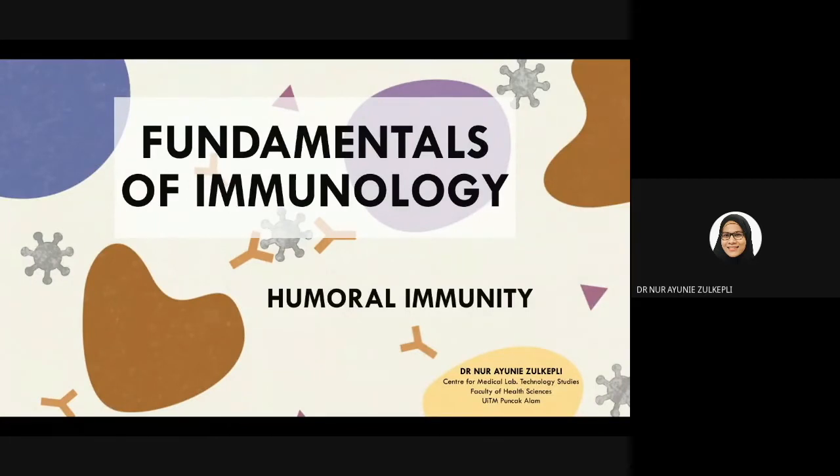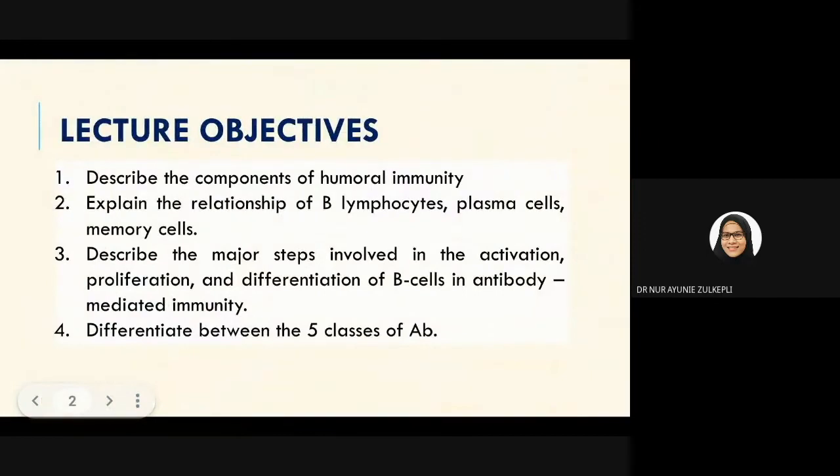So today we are going to cover humoral immunity. At the end of this lecture, I expect you to be able to describe the components of humoral immunity and explain the relationship between different cells of humoral immunity, which are the B lymphocyte, plasma cells, and memory cells.